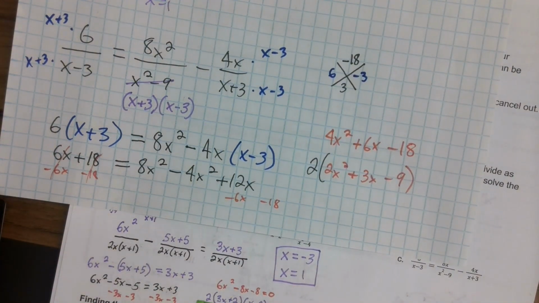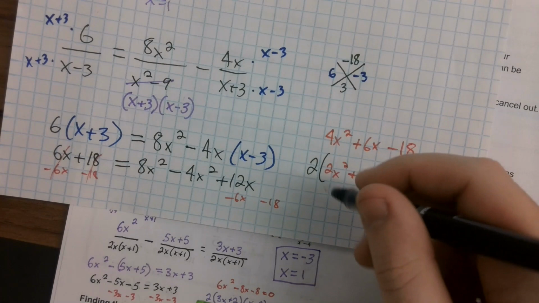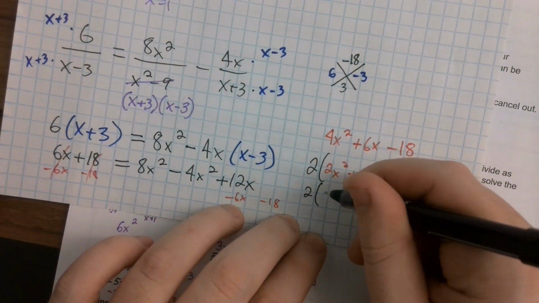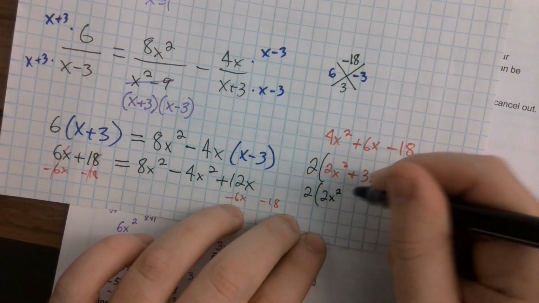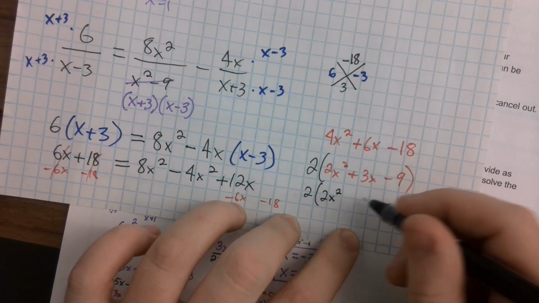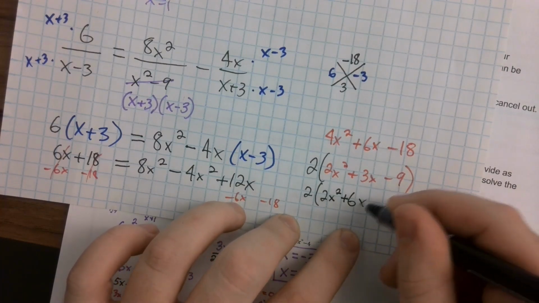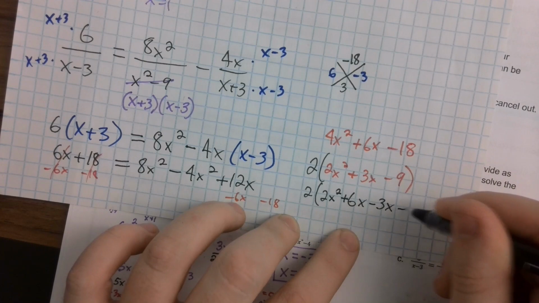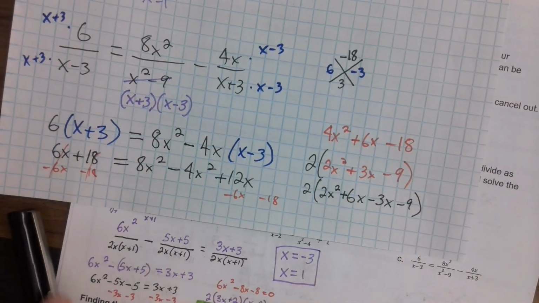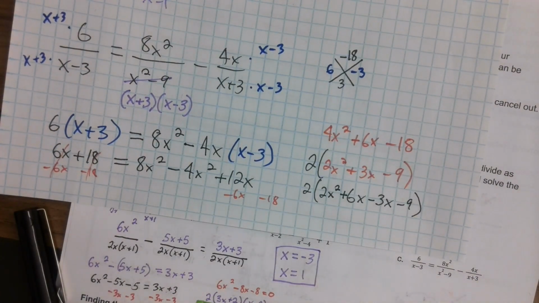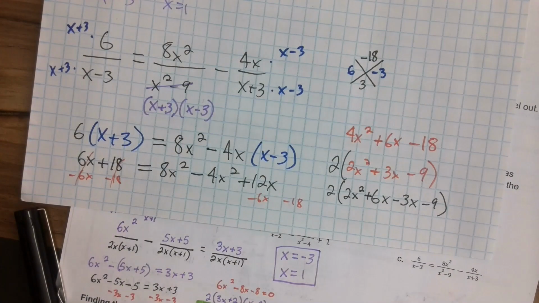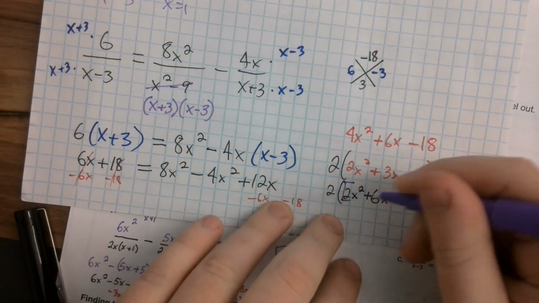So finally, we can rewrite this as 2 times 2x squared plus 6x minus 3x minus 9. We factor by grouping. We see what we could take out of the first group, what we could take out of the second group.